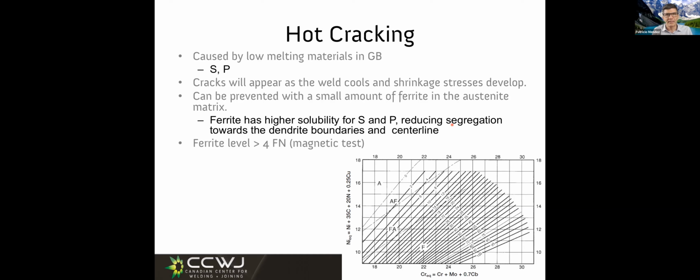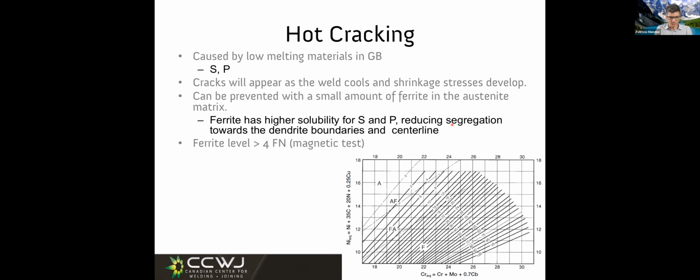So in stainless steels, you typically want to have a primary ferrite solidification mode. Even if it is an austenitic stainless steel, you still want the first thing that comes up to be what is called a primary ferrite solidification mode, right?